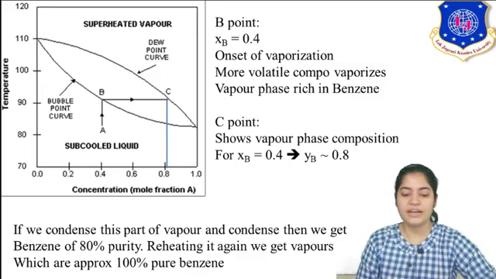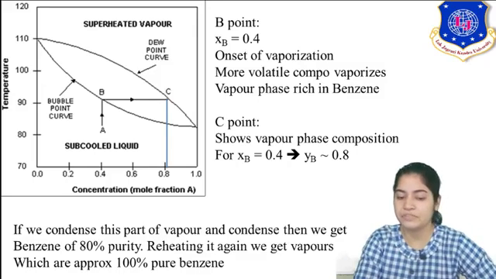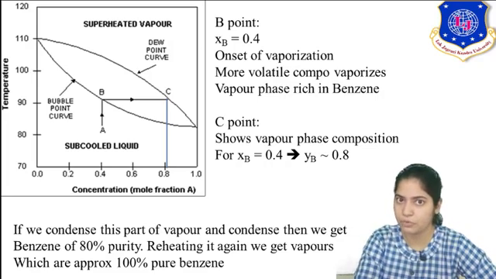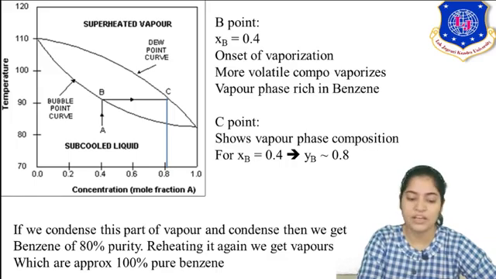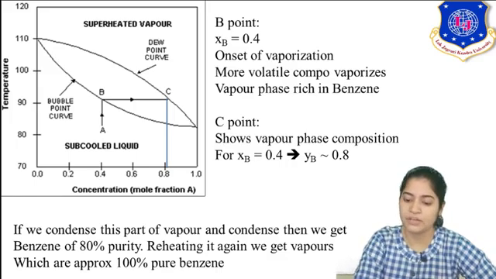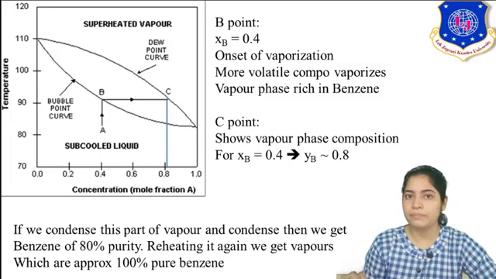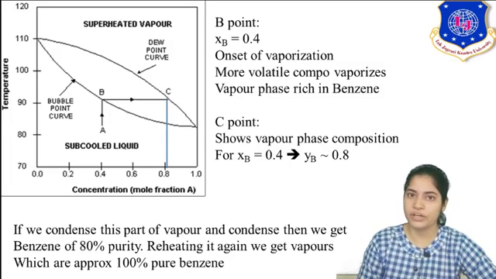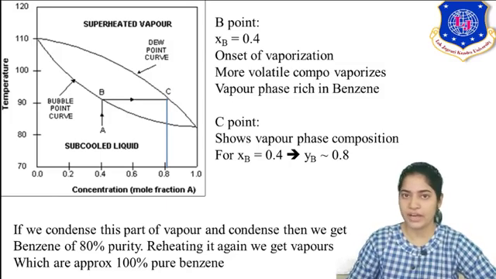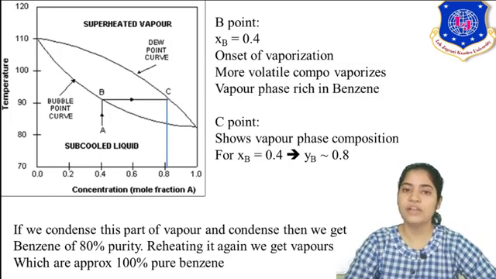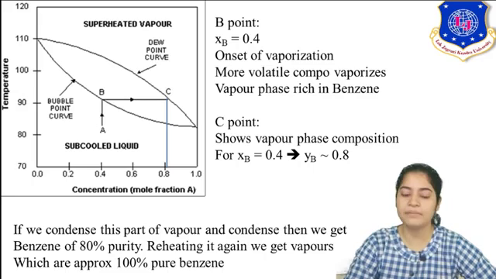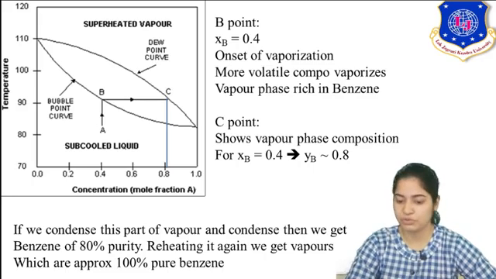Now, if we condense this part of the vapor, the vapors which I got from B point when I heated my mixture and continued the heating, they were rich in benzene. Now if I condense this part of the vapor, it will get liquefied. Now I have liquid benzene with composition of 0.8. See, I have enriched my benzene. So on condensation of these vapors, I get benzene of 80% purity.